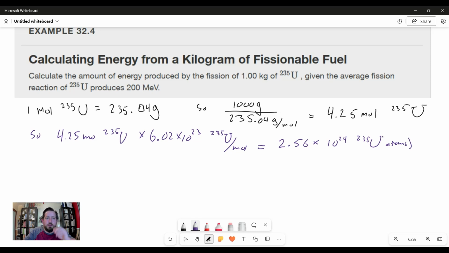You don't typically write your atoms if you just have the element, you know that you have atoms. But then the energy is that many atoms, 2.56 times 10 to the 24 of these uranium-235's, and I'm going to take that and multiply it by this. There's 200 mega electron volts per atom.